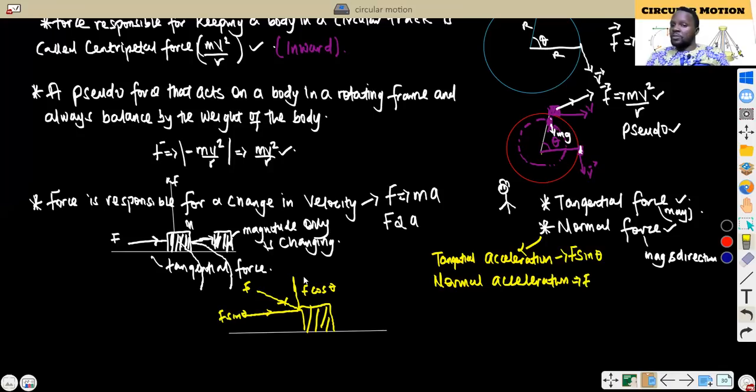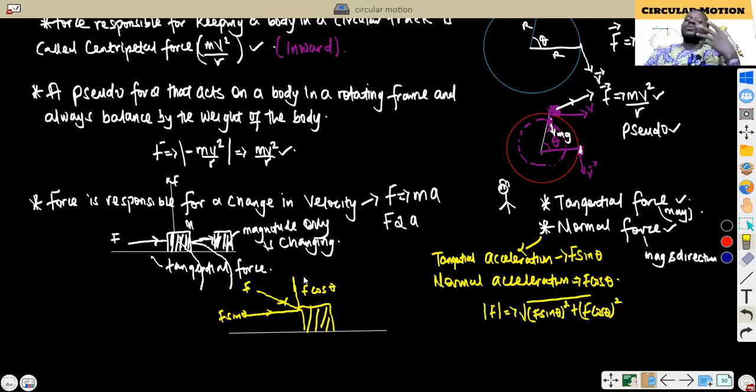For the magnitude of the two forces or accelerations, we are saying force brings about acceleration, so the magnitude of the force, which is the same as the magnitude of the acceleration, equals the square root of F sin theta squared plus F cos theta squared. As you know in trigonometry, sin squared theta plus cos squared theta equals 1, then you can continue to bring more relations.